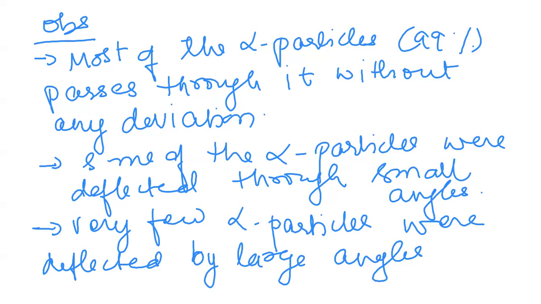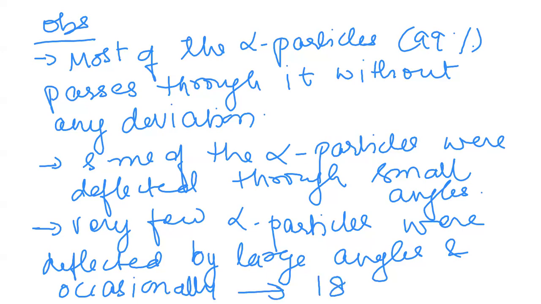Okay. And occasionally, the alpha particle got deflected by 180 degrees. It means very few alpha particles, occasionally, went straight and came back on its path.